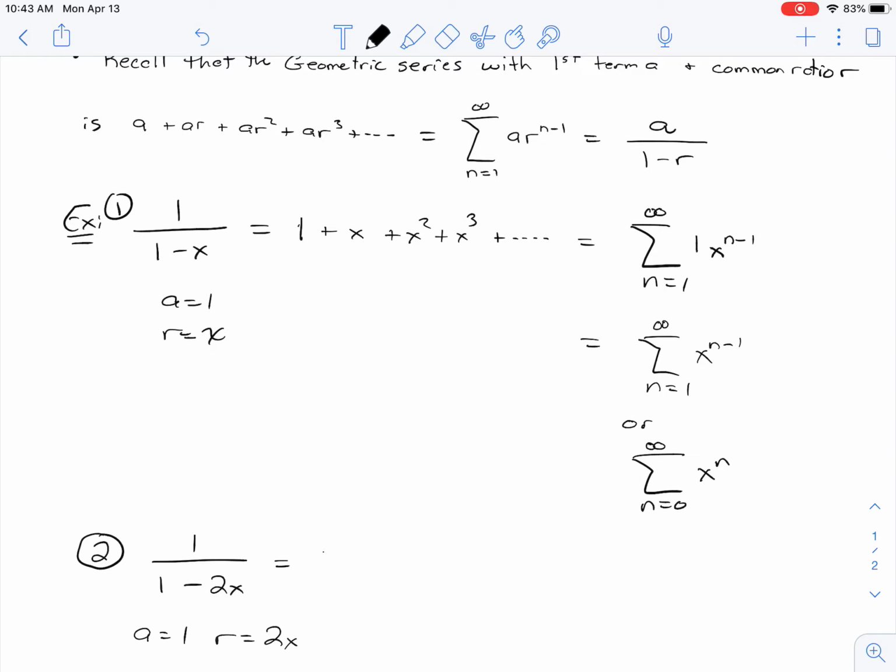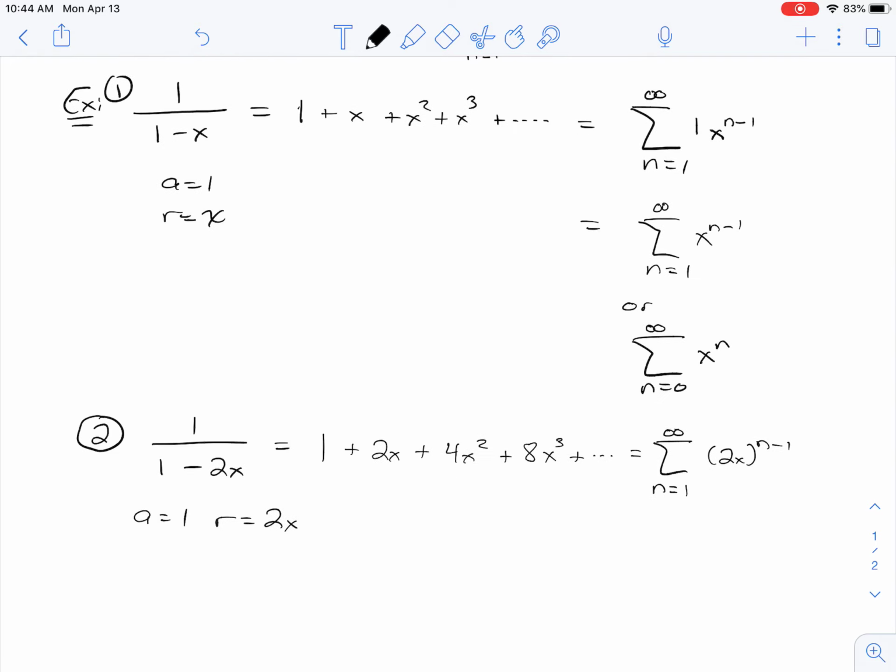So writing out the series, we get 1 plus 2x plus 4x squared, every time multiplying by 2x. And to write that in sigma notation, a is 1, r is 2x. So you get the sum of 2x to the n minus 1, going from 1 to infinity. Or if you prefer, n goes from 0 to infinity, and just 2x to the n.